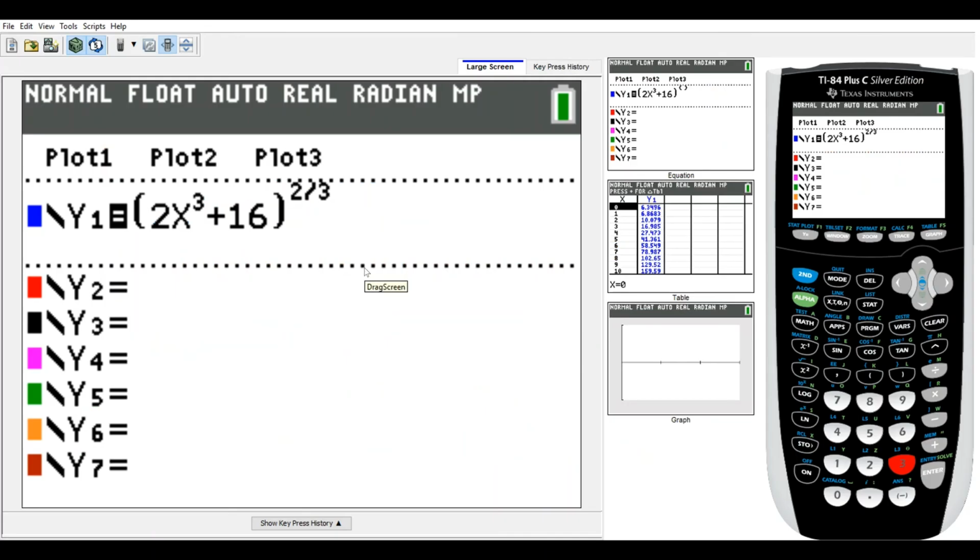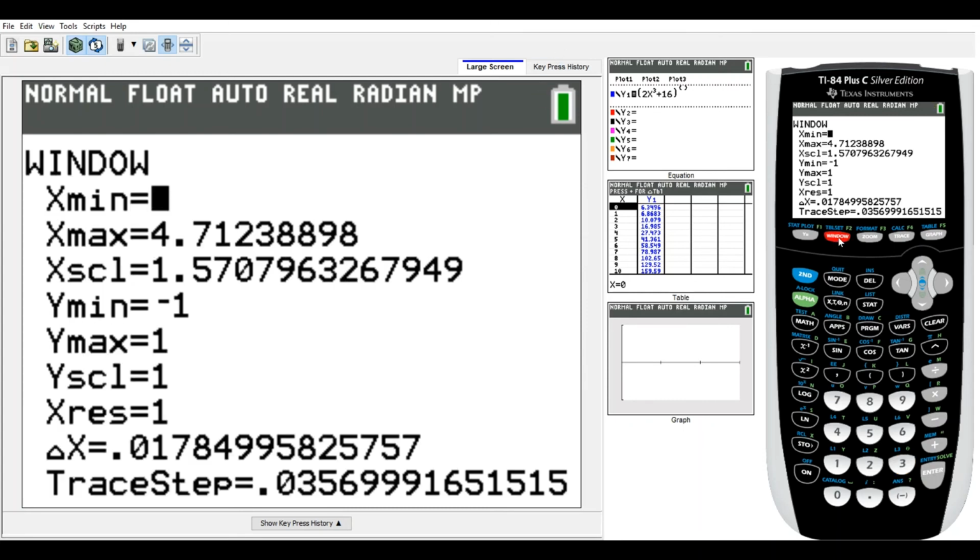What I'd like us to do from here is verify that what we found on paper matches what's happening in reality. We're going to check that here on our TI-84 Plus. I already have the original function typed in here, 2x cubed plus 16 to the 2/3. Now let's adjust the windows so that it matches the results we found.